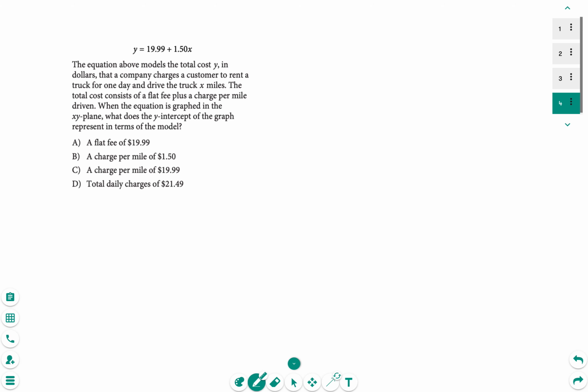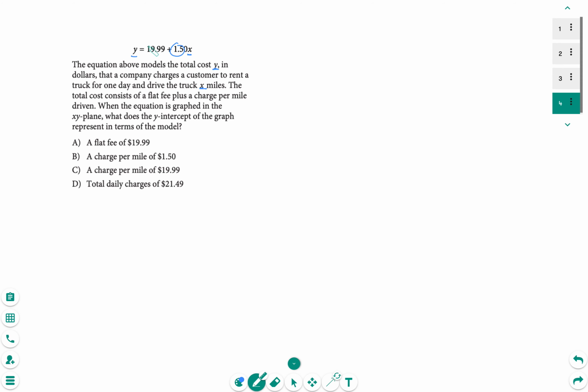All right. So the equation y is equal to 19.99 plus 1.5x models the total cost y in dollars that a company charges a customer to rent a truck for 1 day and drive the truck x miles. So that means that every time x increases by 1, or every extra mile that we drive, y, which is the total cost of renting it, increases by $1.50.